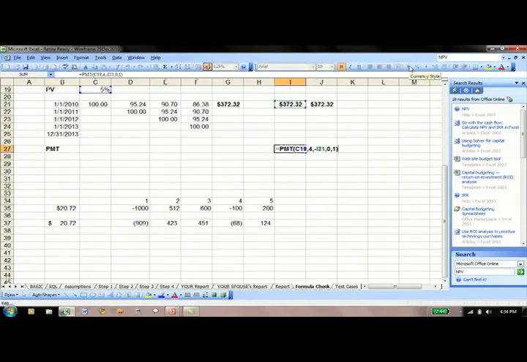The payment formula basically says that I want the rate, and we specify here that the rate is 5%.